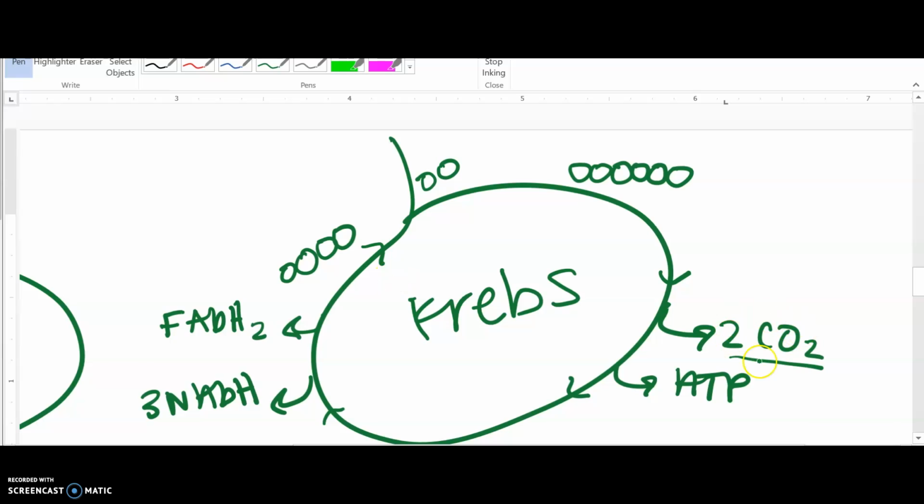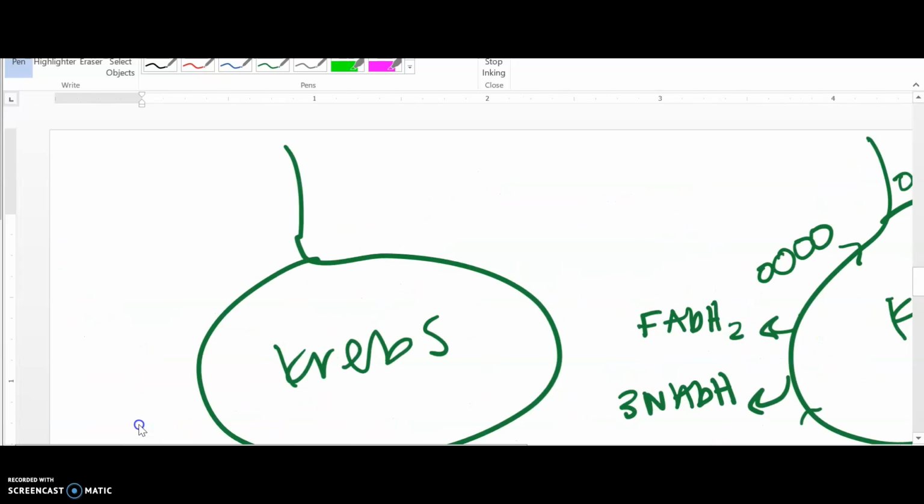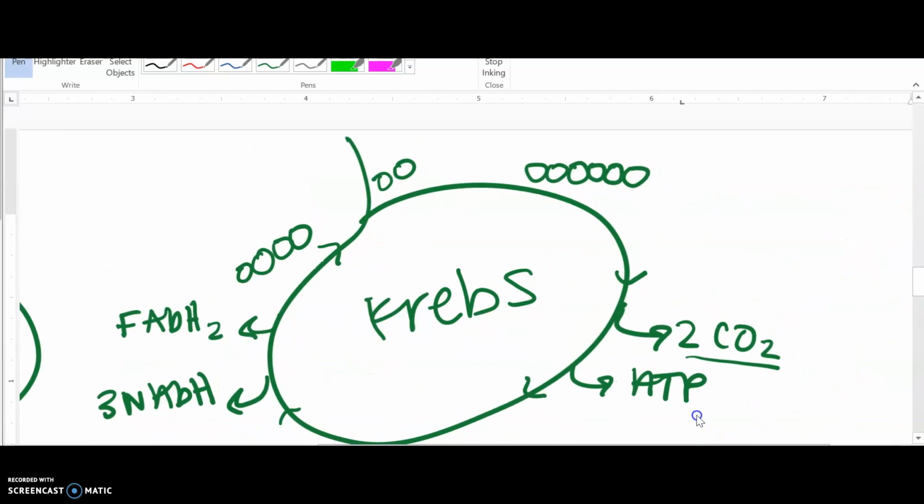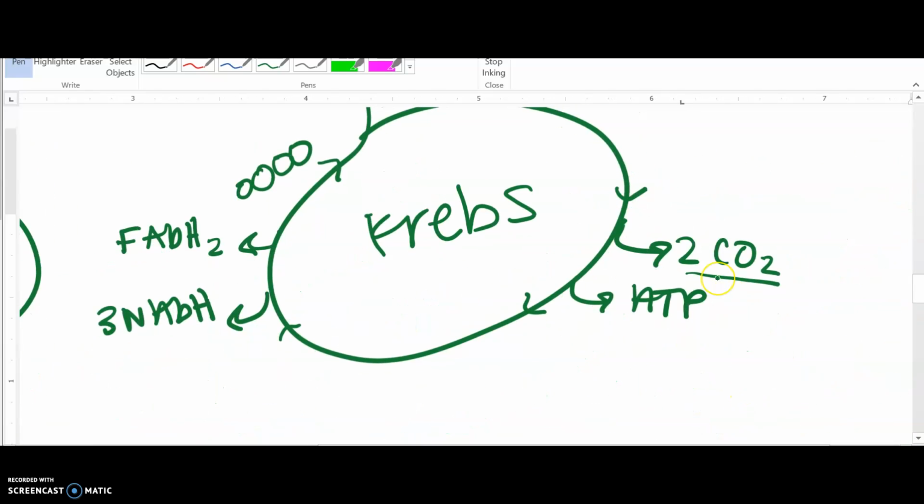So 4 total carbon dioxides produced if I count both pyruvates that are going through this process. So 4 CO2s, 2 ATPs, 6 NADHs, and 2 FADH2. And these high energy electron carriers, along with the other NADHs, are going to go to the electron transport chain.